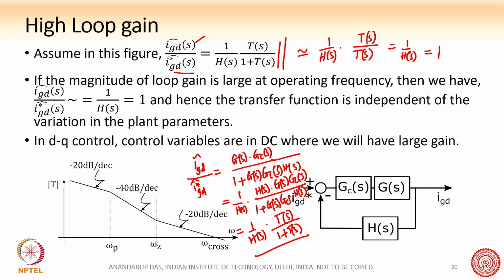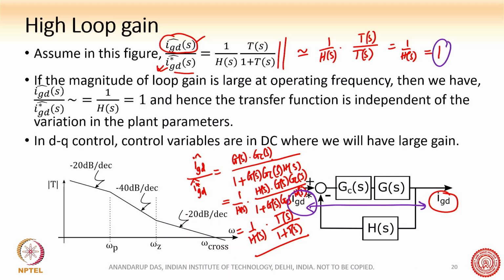Actually, we want this current, the output current here, to closely follow the reference with a gain of 1. This is my reference here. So these two must follow each other very closely with a gain of 1.